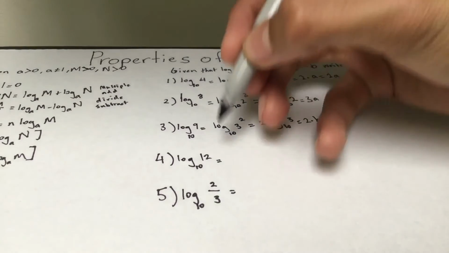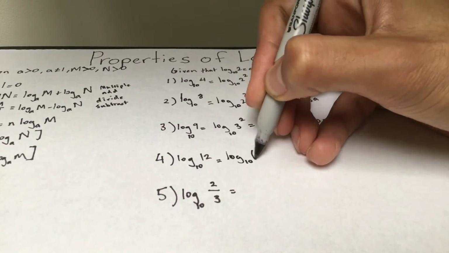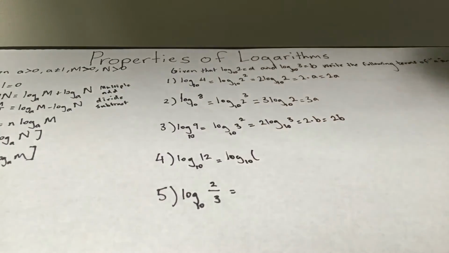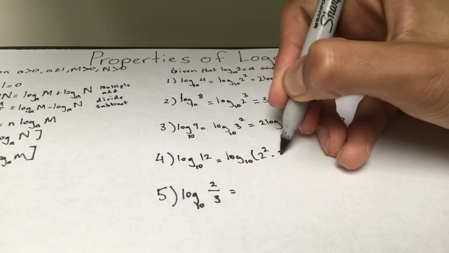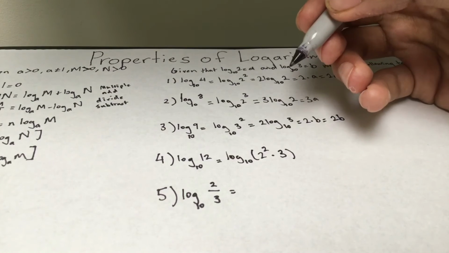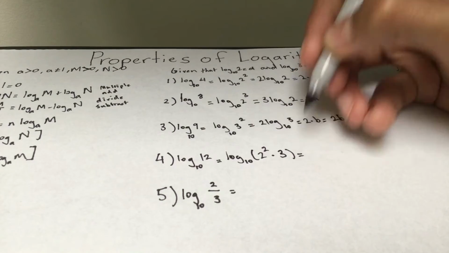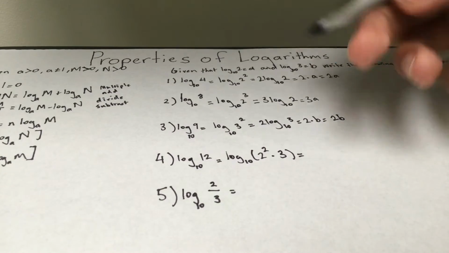So this time, I'm going to split it up into two groups. So 12 can be written as 2 to the power of 2 times 3. I'll show you why in a second. As our values are being multiplied, we look at our first rule.